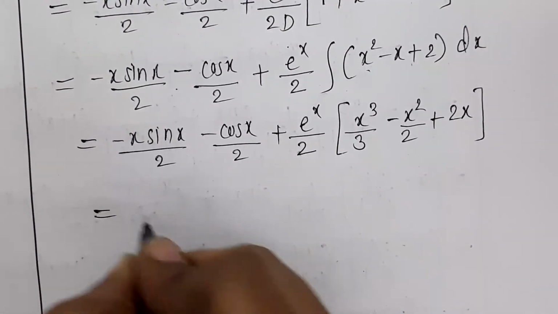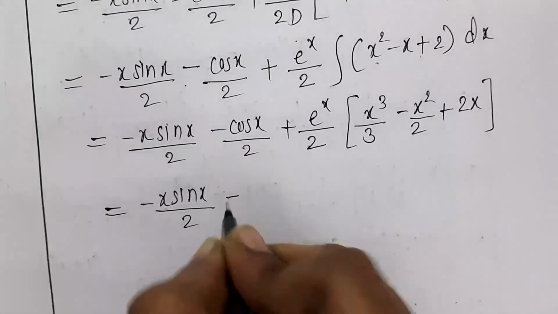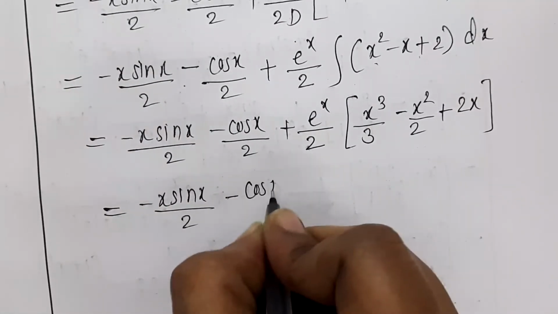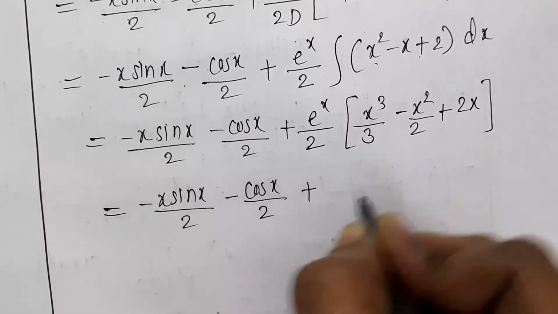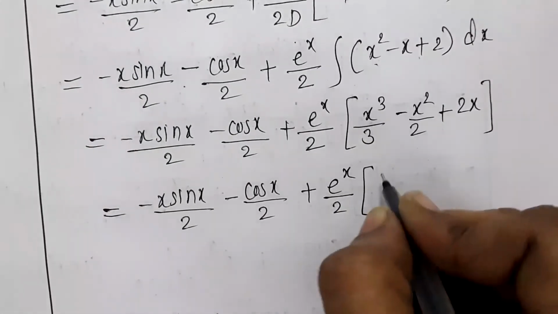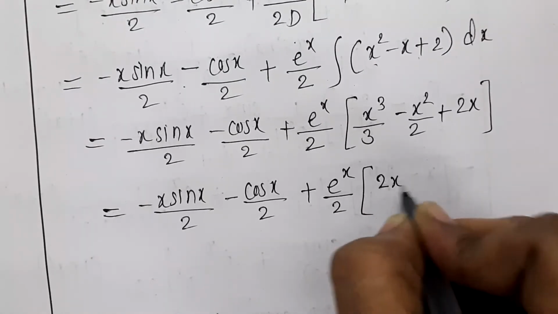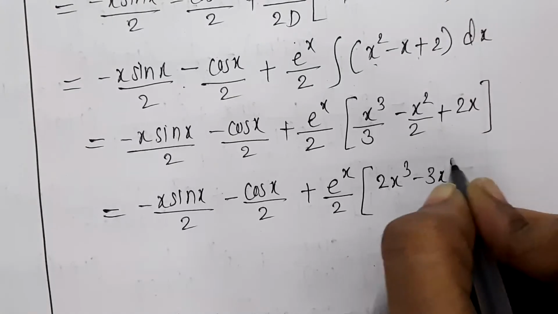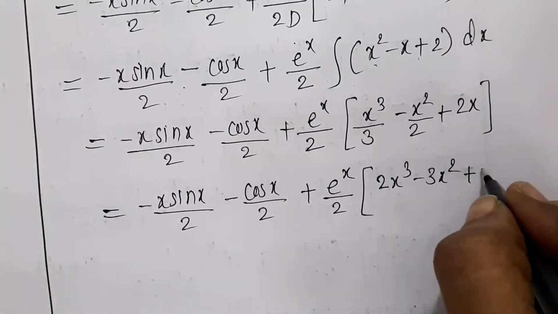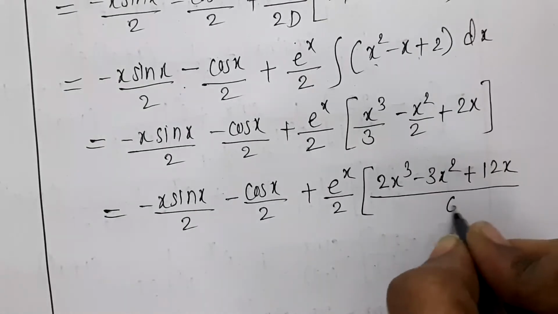It is equal to minus of x sin x by 2 minus of cos x divided by 2 plus e to the power x divided by 2 multiplied by, we can write it as 2x cube minus 3x square plus 12x divided by 6.